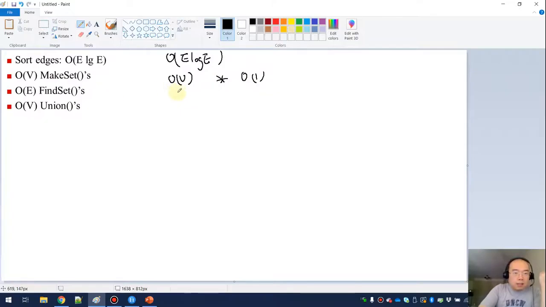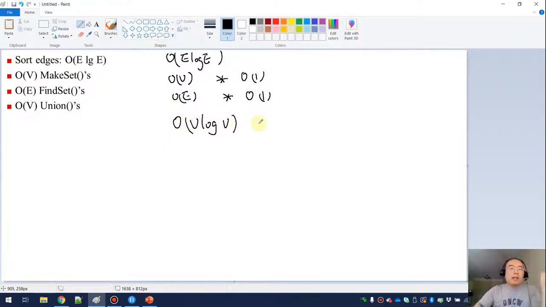The next one is O(E) multiplied by the time complexity of find set, which is another O(1). And finally, if we do a total of V unions, that will be O(V log V). Those are the four components of the Kruskal algorithm.